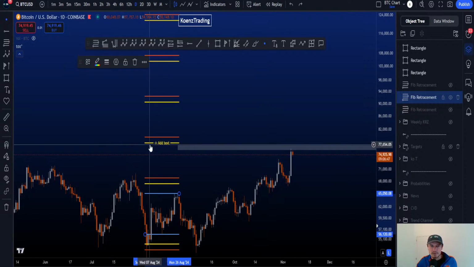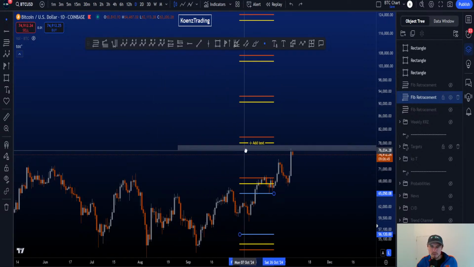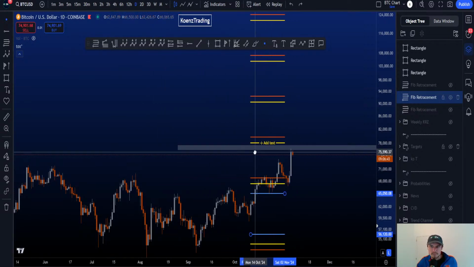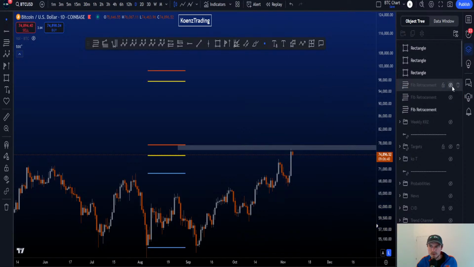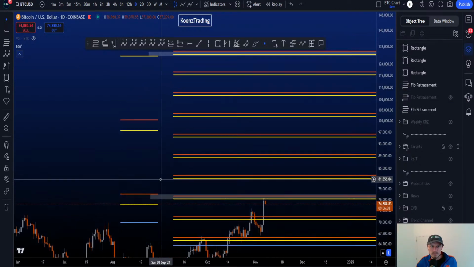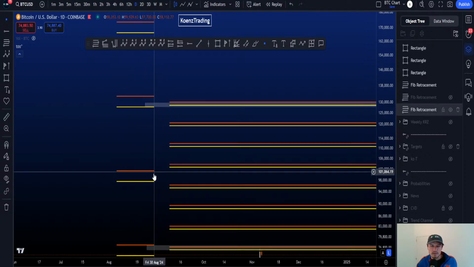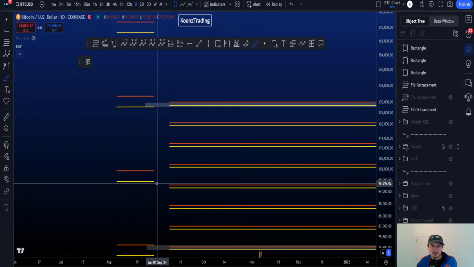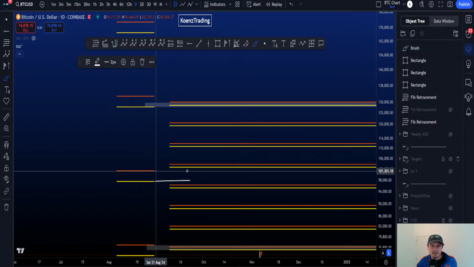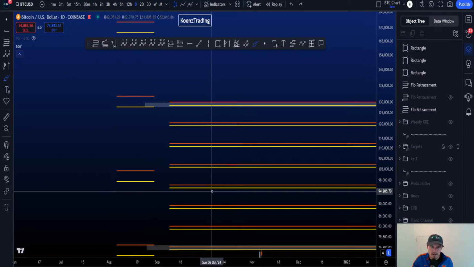It's maybe a little early. If I only compare these two, then we have a bit of confluence here as well as up here, and this one is in the middle. It's not great confluence here.